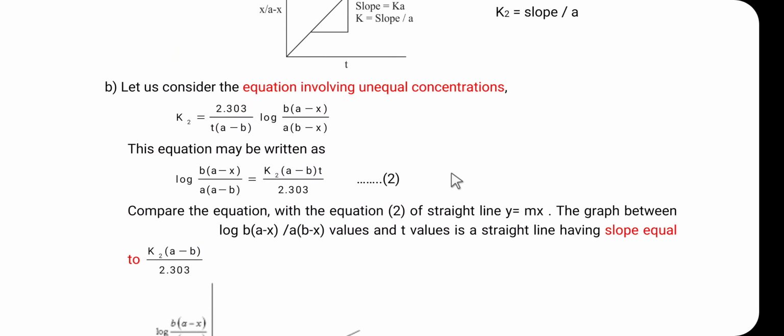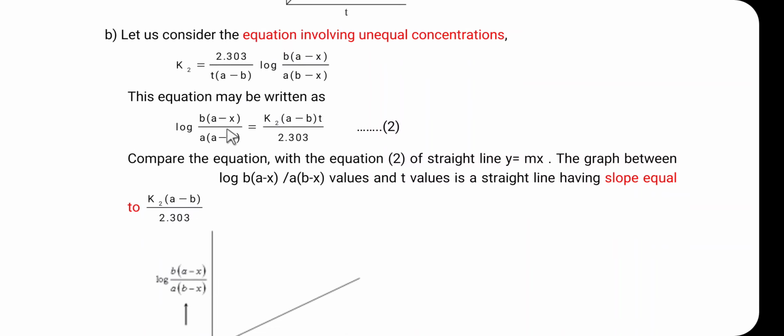Let us consider the second case, that is unequal initial concentration. So, here expression for velocity constant for the second order reaction with unequal initial concentration. The expression is K2 is equal to 2.303 divided by t into (a minus b) log of b into (a minus x) divided by a into (b minus x).